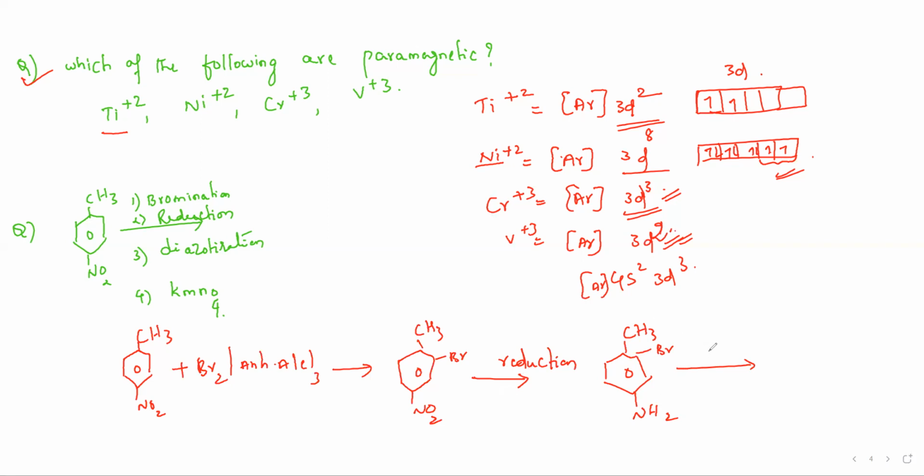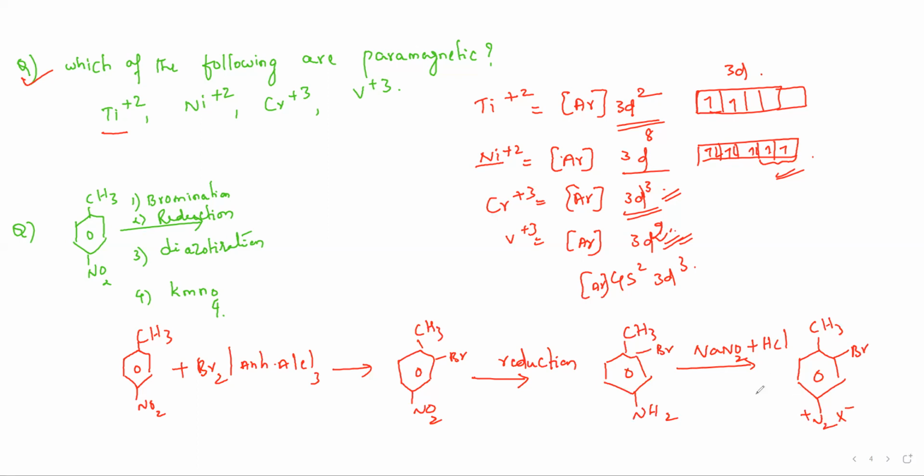After this, we have to do diazotization, which is nothing but diazonium preparation. NaNO2 plus HCl or HONO gives benzene diazonium chloride, since it is having substituents, which we can write like this: N2+ X- or Cl-.